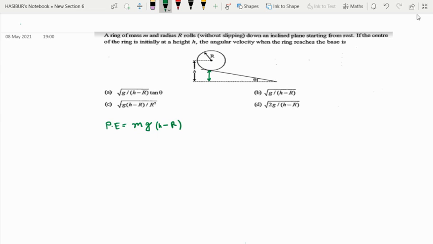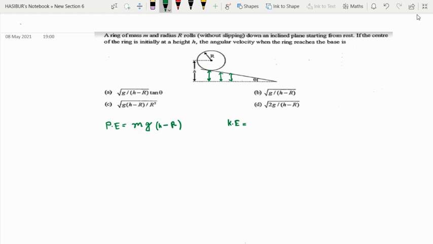Now you can see as the ring rolls, this separation decreases. That means the potential energy decreases, and according to the conservation of energy, this potential energy should be converted to kinetic energy. Now, for a rolling motion, the kinetic energy appears from two terms.